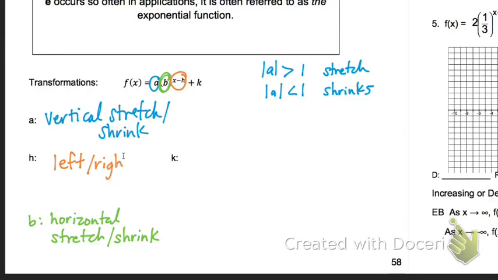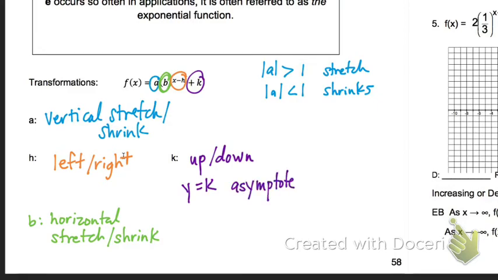And remember, you take the opposite sign. And then K tells me up or down. Also, y equals K is going to be my asymptote. So in the first two examples, there was no K, like there were no values outside of it, but it'll always be your asymptote.